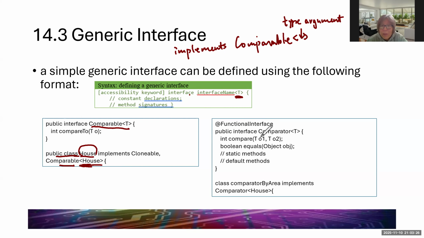And if you recall, for the Comparator interface, we also previously learned, is it? So similarly, we define some class, we call it ComparatorByArea, and we are going to implement this Comparator, and then over here you plug in some specific concrete class.